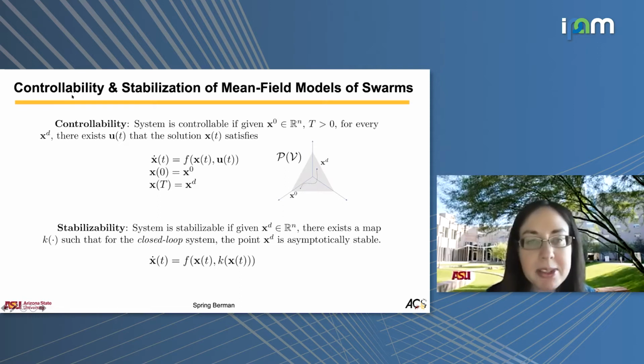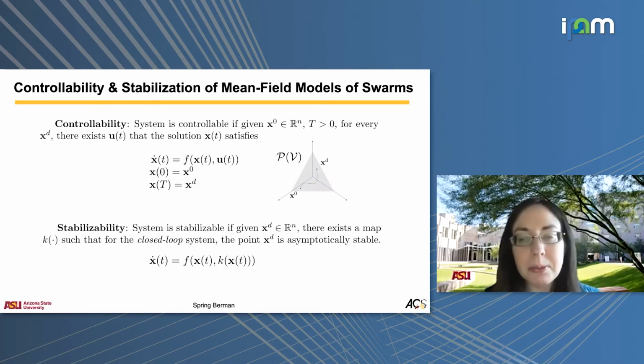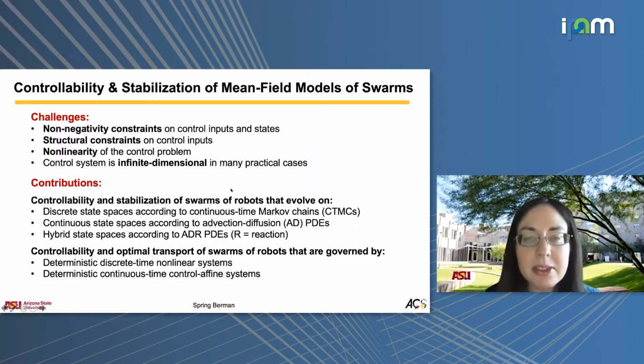The property of stabilizability means that if you're given an equilibrium distribution, there is some map k, or feedback control law, such that the closed loop system has that equilibrium as an asymptotically stable point. There are a lot of challenges associated with ensuring these properties about mean field models.